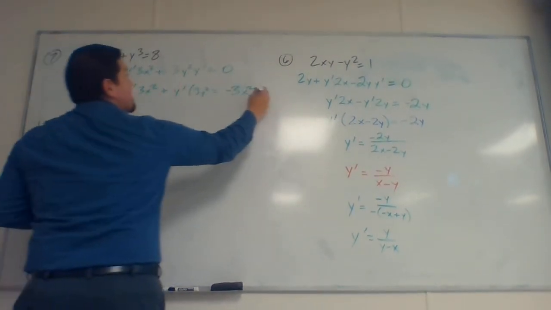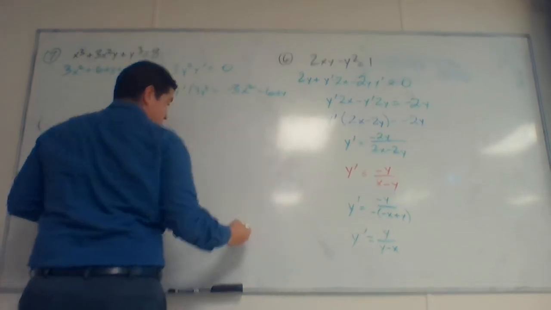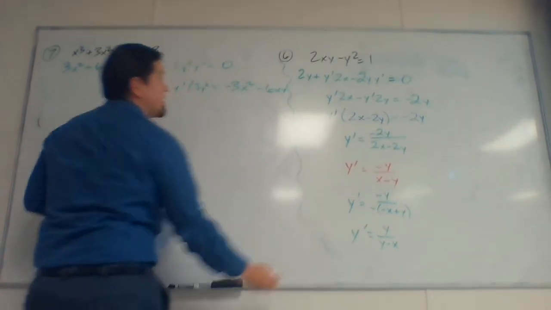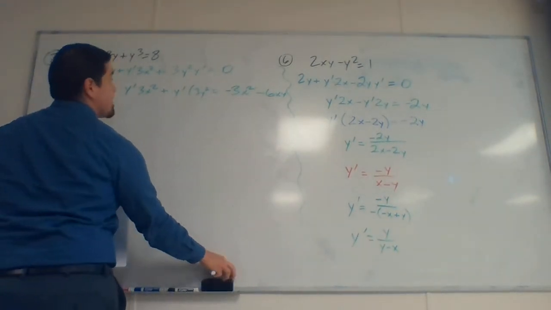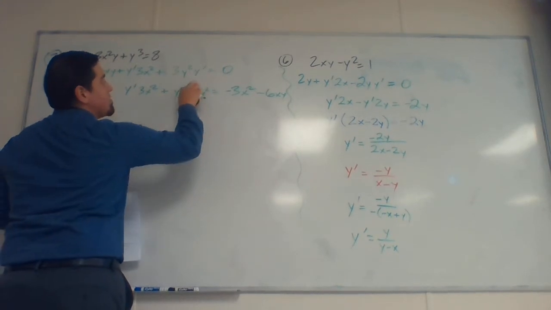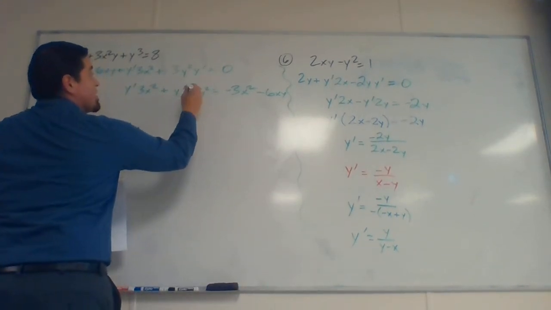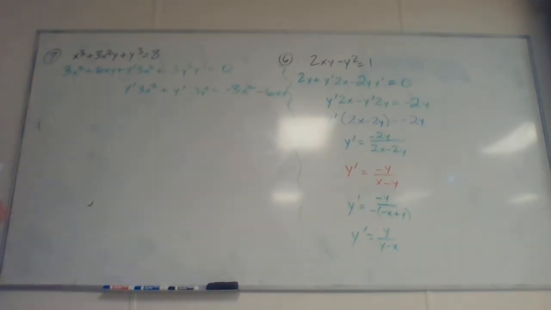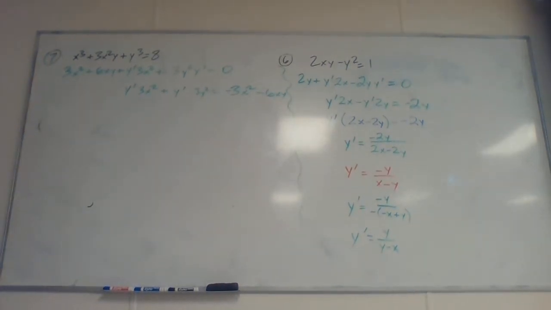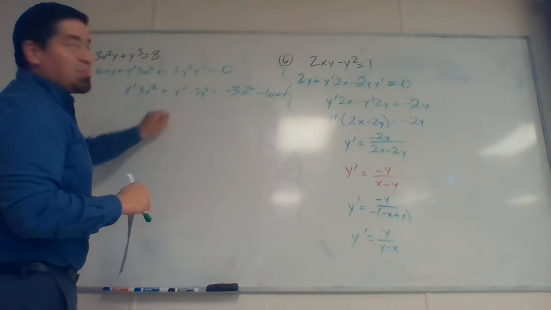I just moved the y prime to the front. You don't really have to do it, but I like to do it. I'm going to pull it out on the next step.